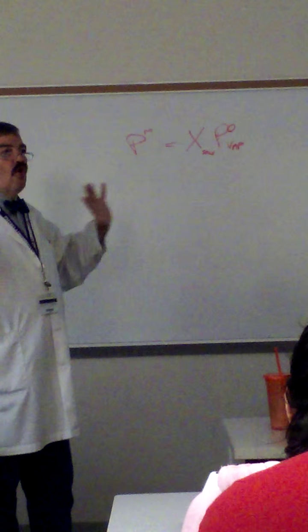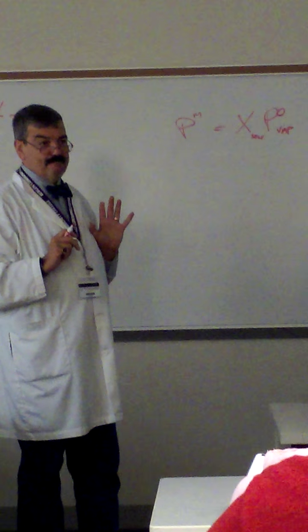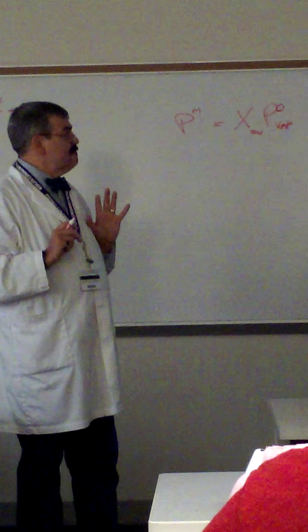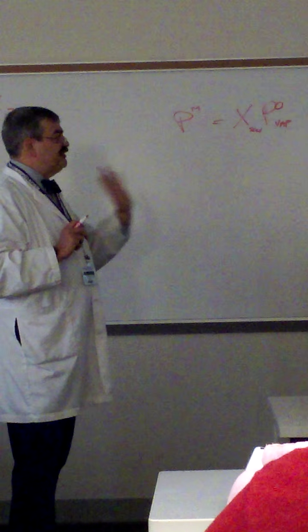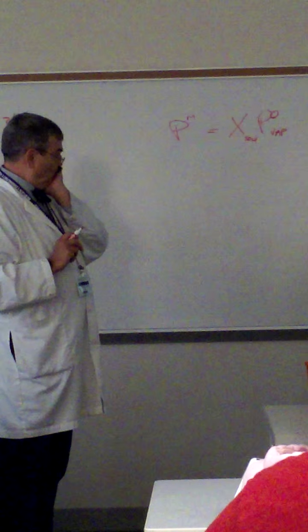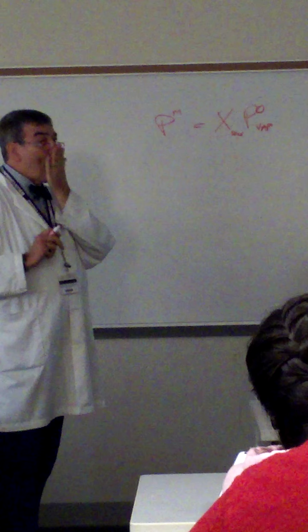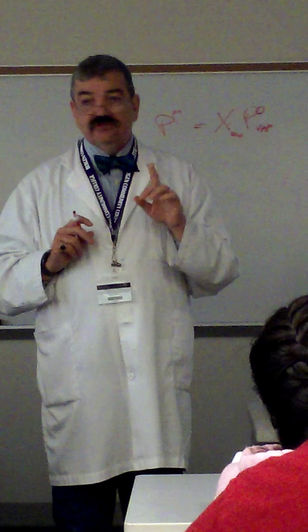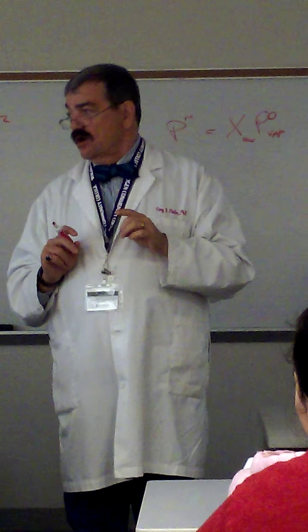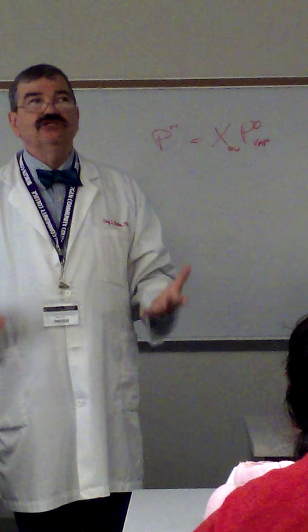I've given you more information than you need. What is the solvent? What is the definition of a solvent? The one that is most abundant. What is most abundant here?